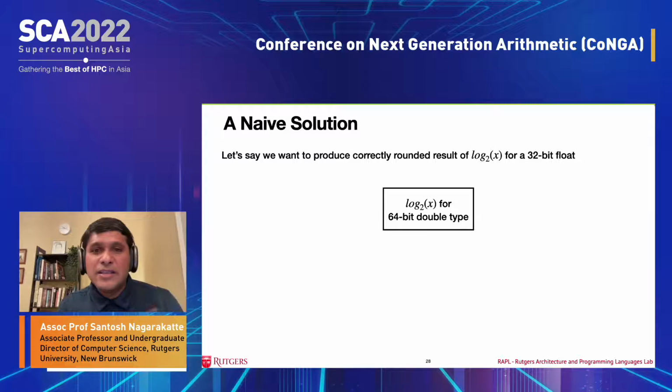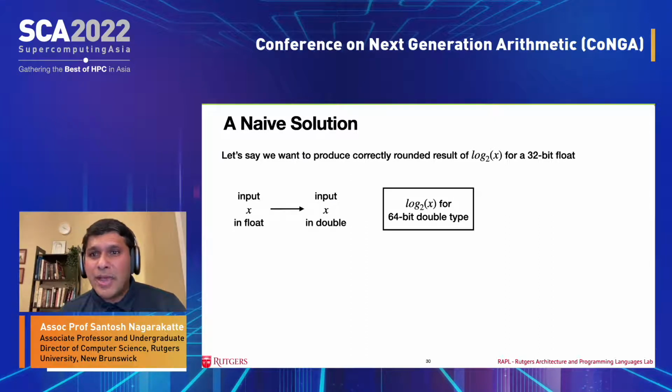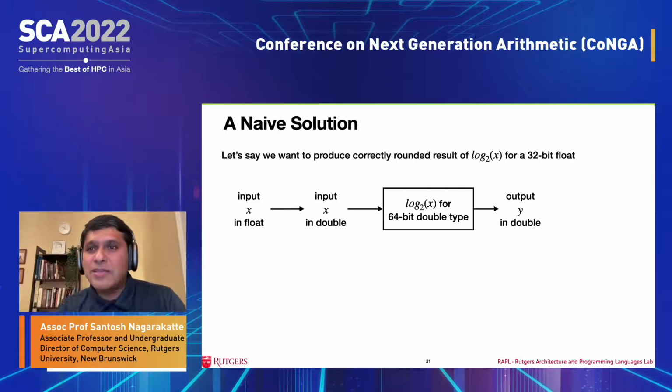We could take the 64-bit library that is available from CRLIBM. You have your input in the floating point representation. You convert this into double. And then you call CRLIBM or any of the available libraries. You get the output of the library in double, and you round it back to float.